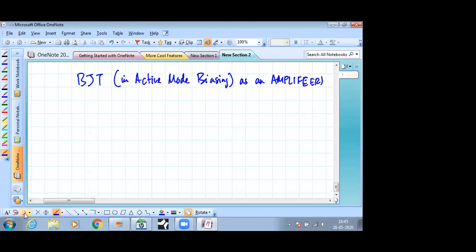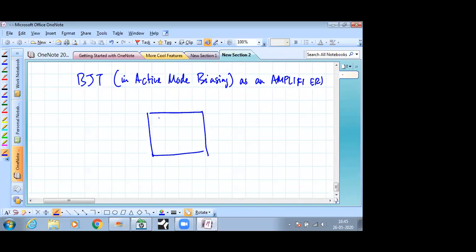So what does an amplifier do? Let us understand that first.